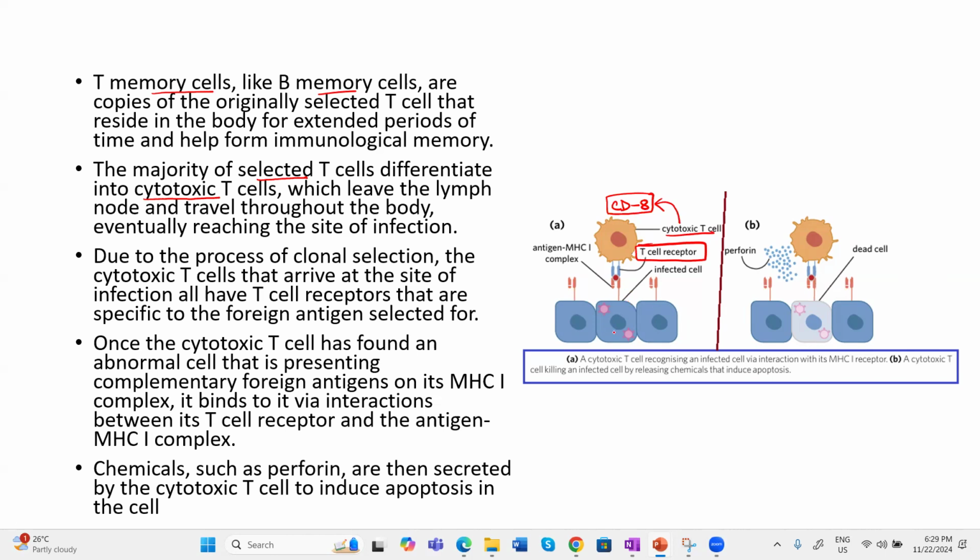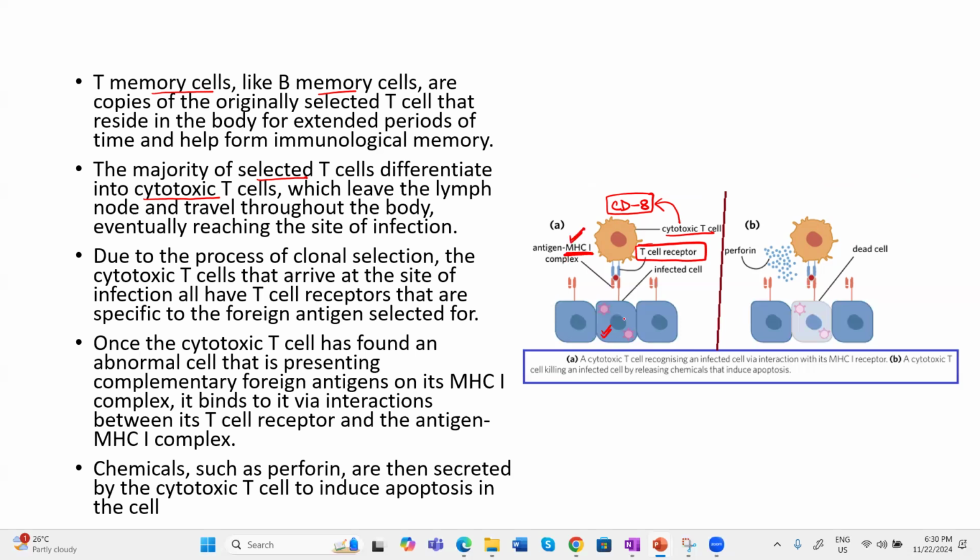Now, they will come to the site of the infection, and suppose this is an infected cell because of a virus or whatever entry. So it is displaying the piece on an MHC1 molecule. Clear? On MHC1 molecule. For T helper, display is done on MHC2 molecule, but to activate T cytotoxic cell, the component is displayed on MHC1 molecule.